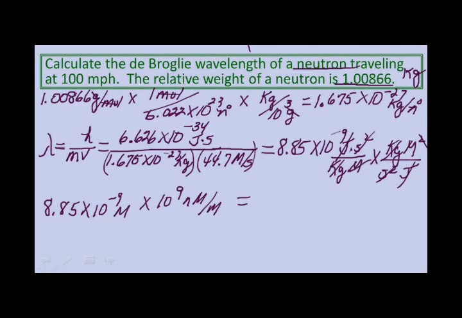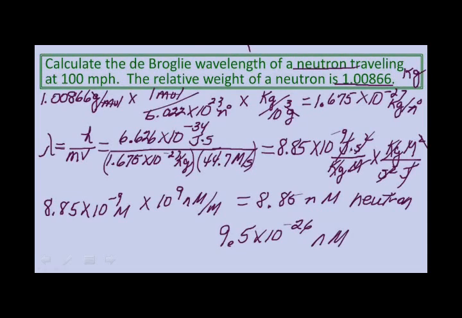So this gives us 8.85 nanometers. That's for the neutron. How much was it for the baseball? Well, the baseball was 9.5 times 10 to the negative 26 nanometers, as I recall.